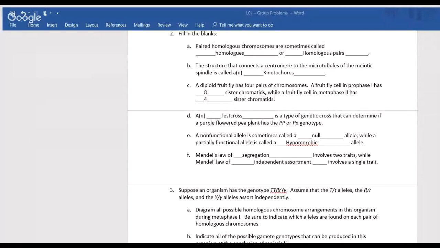You can see it's just fill in the blanks. If we go to A, paired homologous chromosomes are sometimes called homologs and also homologous pairs, which are just two names referring to the paternal and maternal chromosomes, which are inherited from mom and dad.